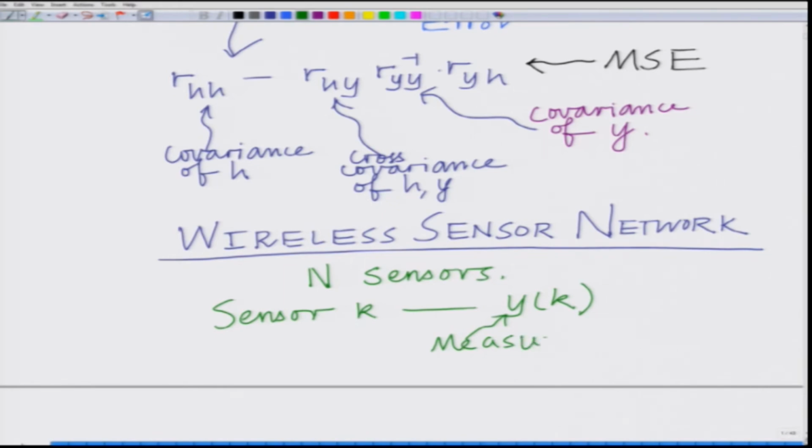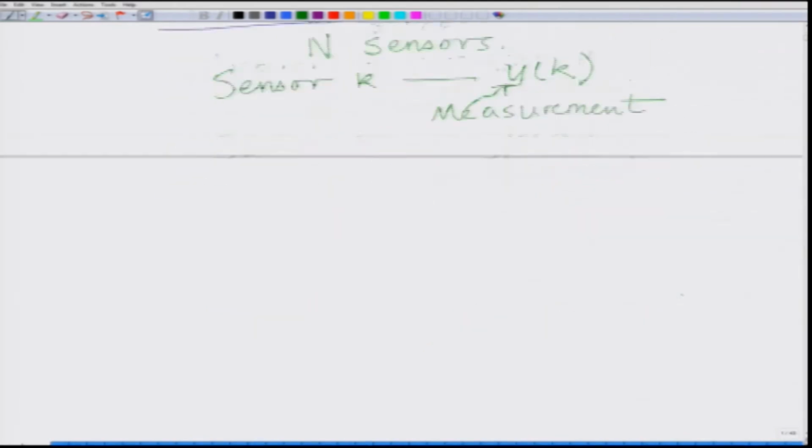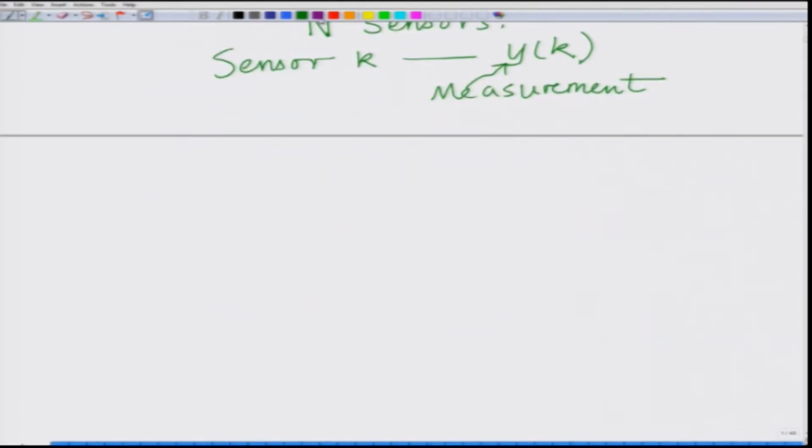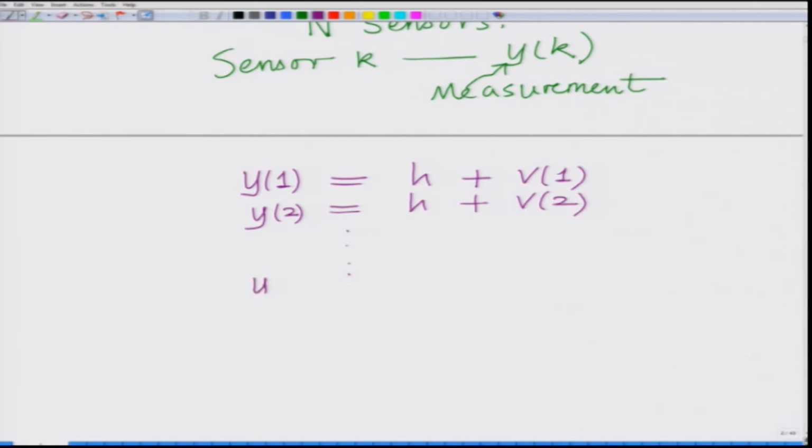And what we have is n such measurements. Therefore, we have y1 equals h plus v1, y2 equals h plus v2, and so on, yn equals h plus vn.